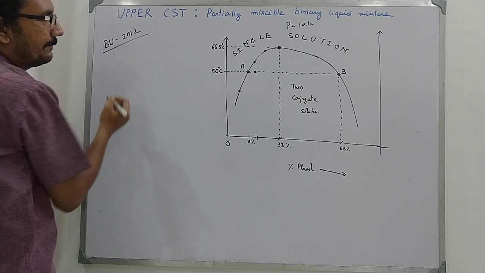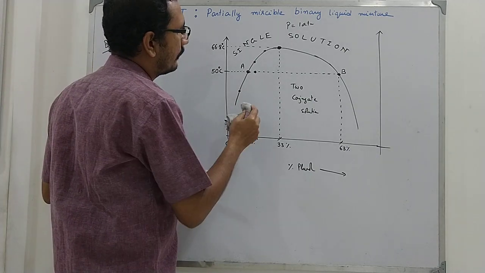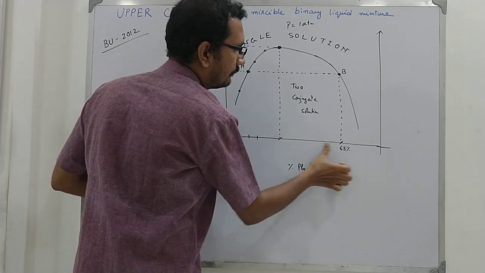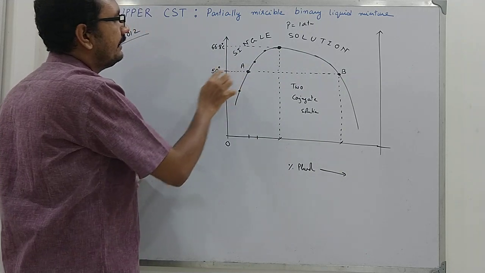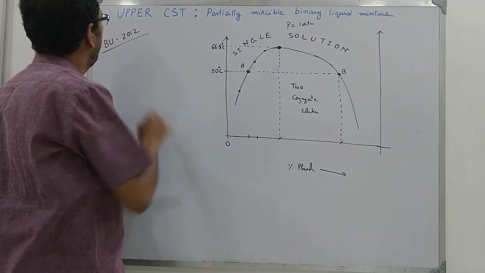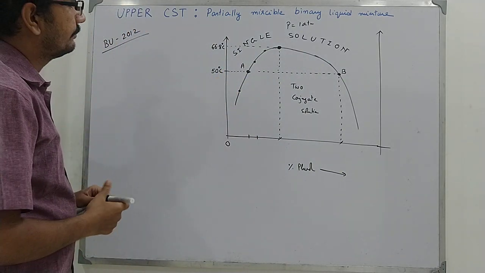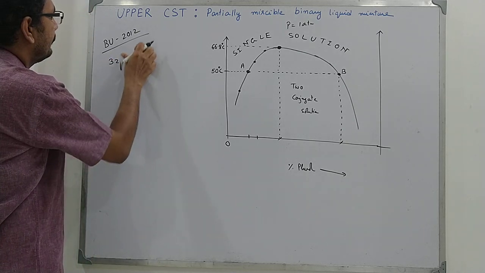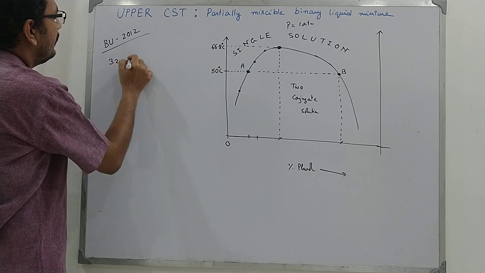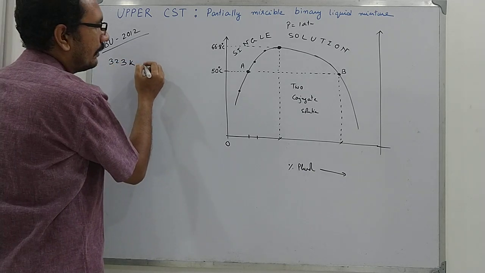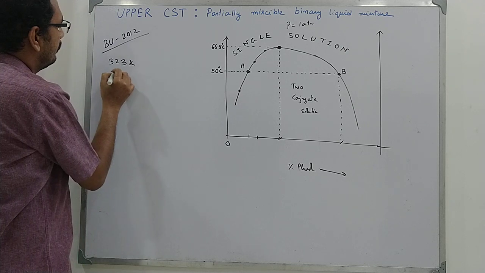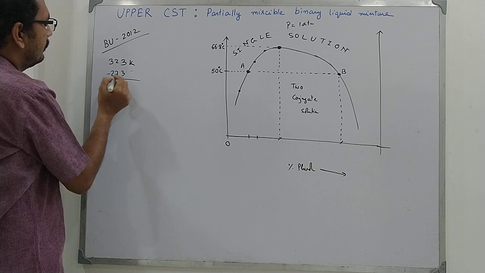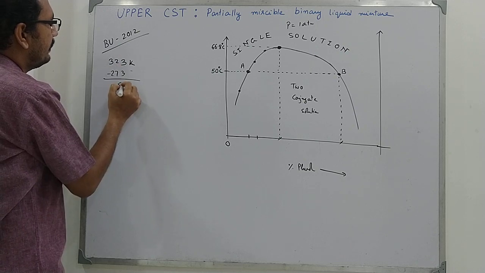So I am editing the drawing as per the problem. It is given that at 323 Kelvin, that is 50 degrees centigrade.